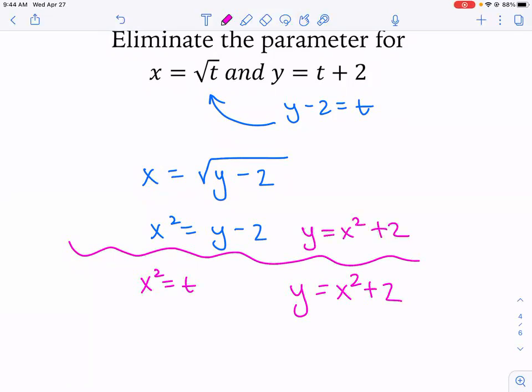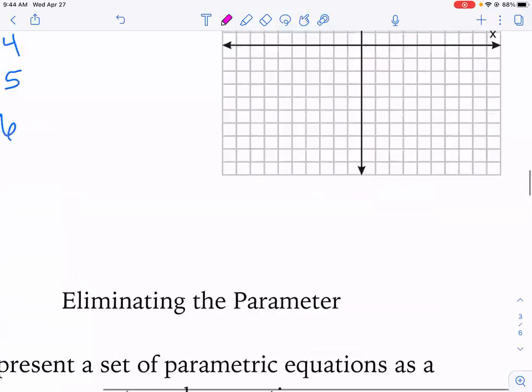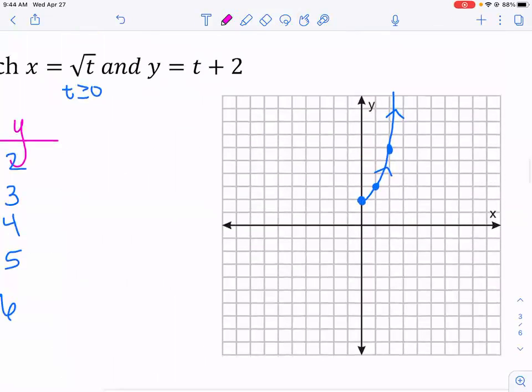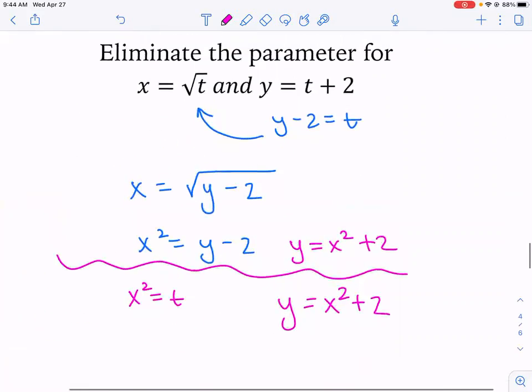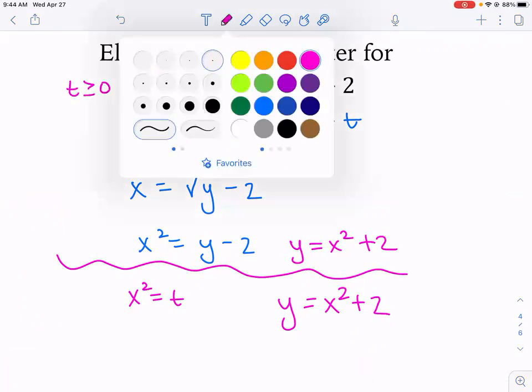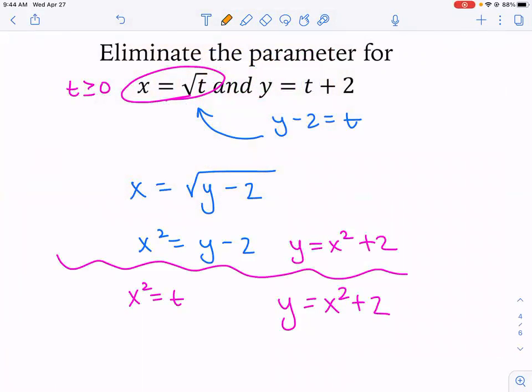And let's go back to our graph. Does that look like y equals x squared plus 2? Half of it, right? Okay, so something we are going to have to be aware of. Right here, we know that t has to be greater than or equal to 0. Well, because of that, since t can only be 0 and bigger, what's going to happen with our x coordinates?